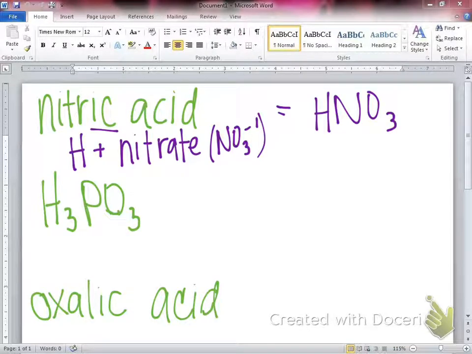Correct. Okay, so nitric acid comes from hydrogen plus a nitrate. Nitrate is NO3 minus 1. So that means we need one hydrogen atom to balance that nitrate. Let's look at, Robbie, why don't you tell me what you have for H3PO3? What's our name? Phosphorus acid. Phosphorus acid, perfect.